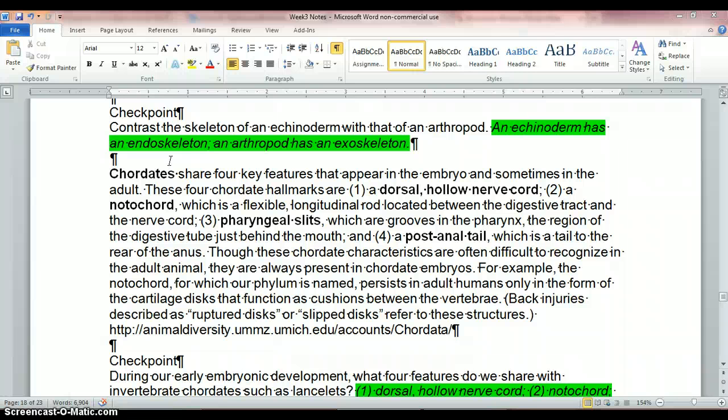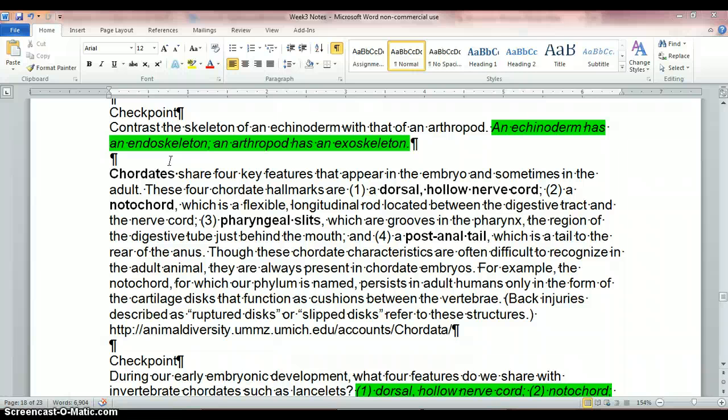So we've gotten rid of our tail, but we still have the tailbone.